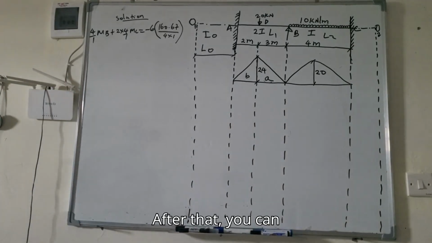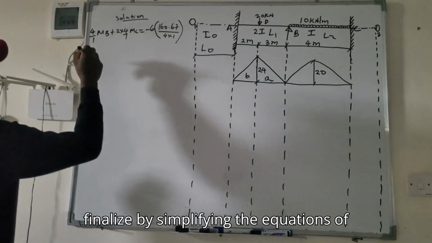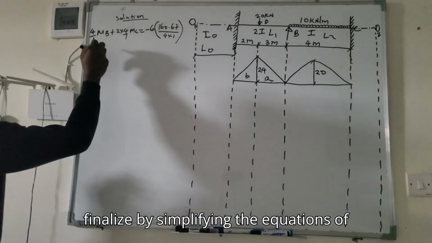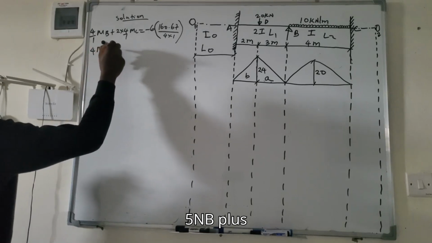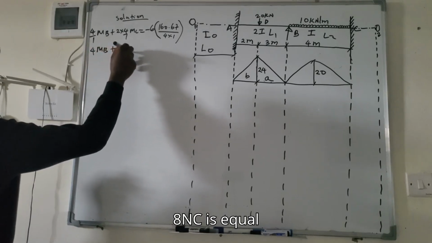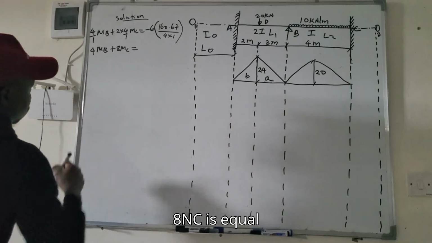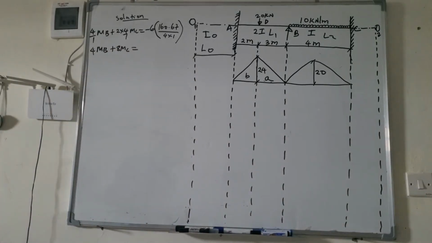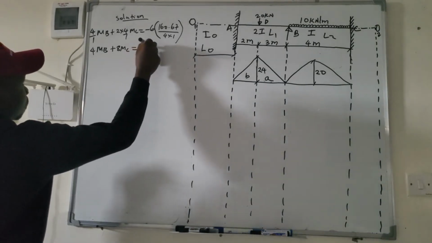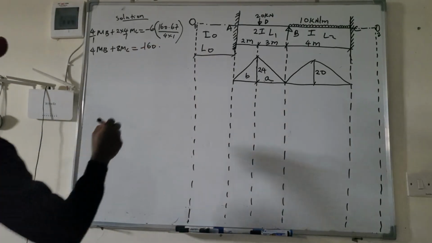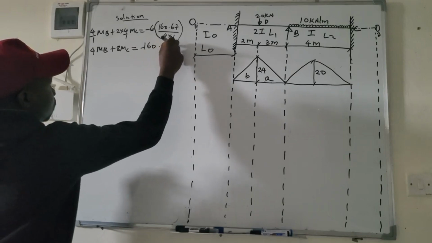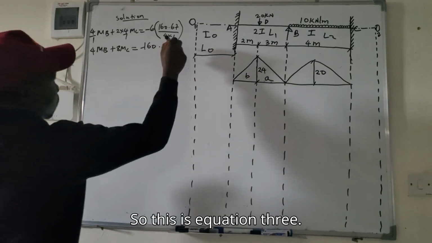After that, we will finalize by simplifying the equations of 5 MB plus 8 MC is equal to minus 160.005, like that. So this is equation 3.